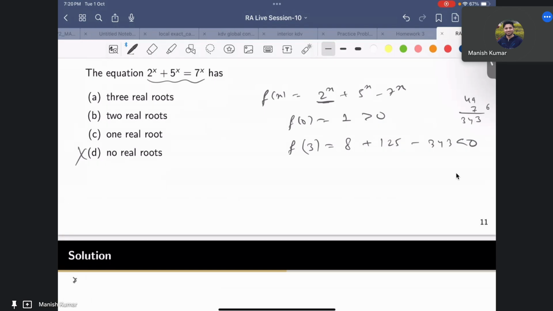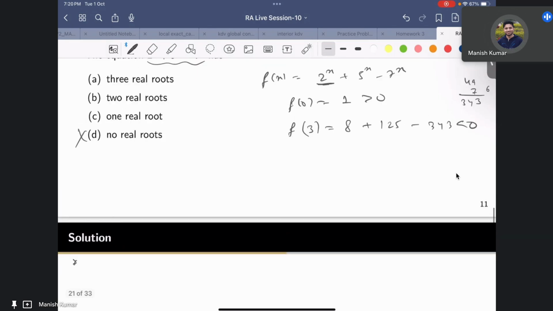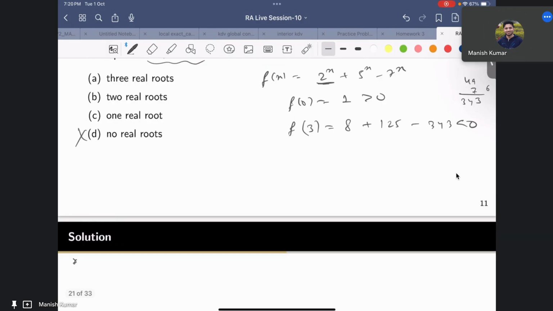Okay, so this is how we will try to prove it. Getting one root is very easy. You just have to see whether at some point it becomes negative and at some point it becomes positive, and since the function is continuous, by the intermediate value property it will have a zero. But now we have to check whether it has exactly one or not.